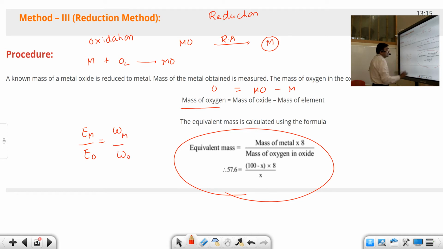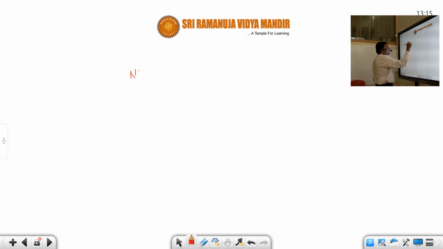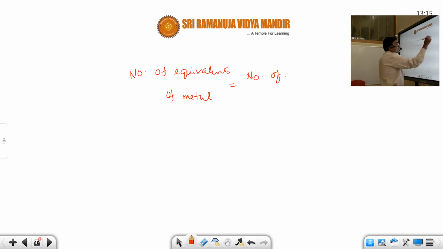Now I want to teach you a secret. The concept is nothing but the number of equivalents concept. Listen very carefully: number of equivalents of metal is equal to number of equivalents of oxygen. Now listen students, what is the formula for number of equivalents?